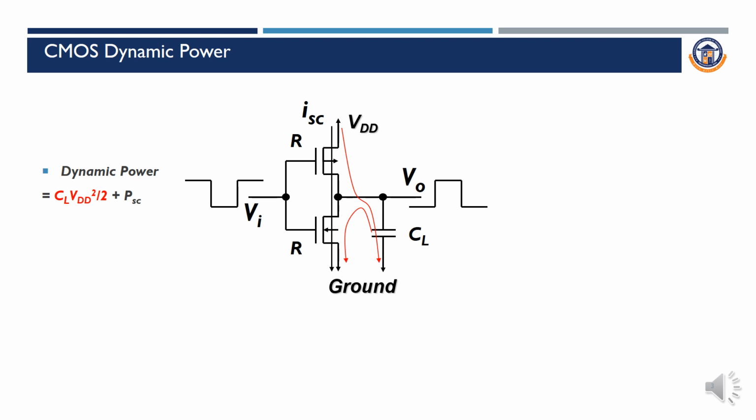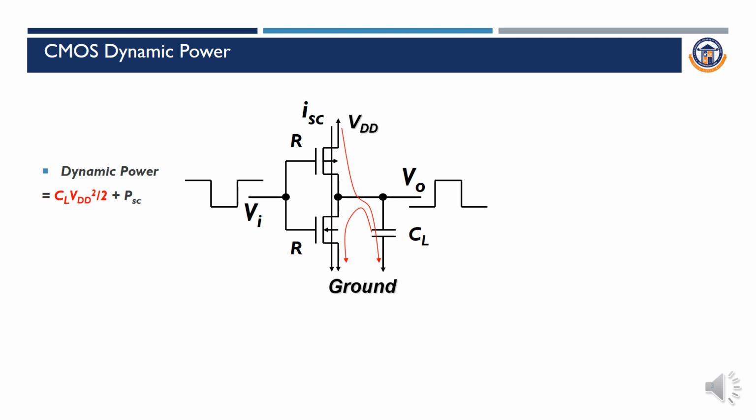You can see that ISC is created because these two transistors are in the on condition at the same time. That is, both the PMOS and NMOS transistors are in the on condition for a fraction of a second, or for the time taken for the signal to transfer from one position to another position.